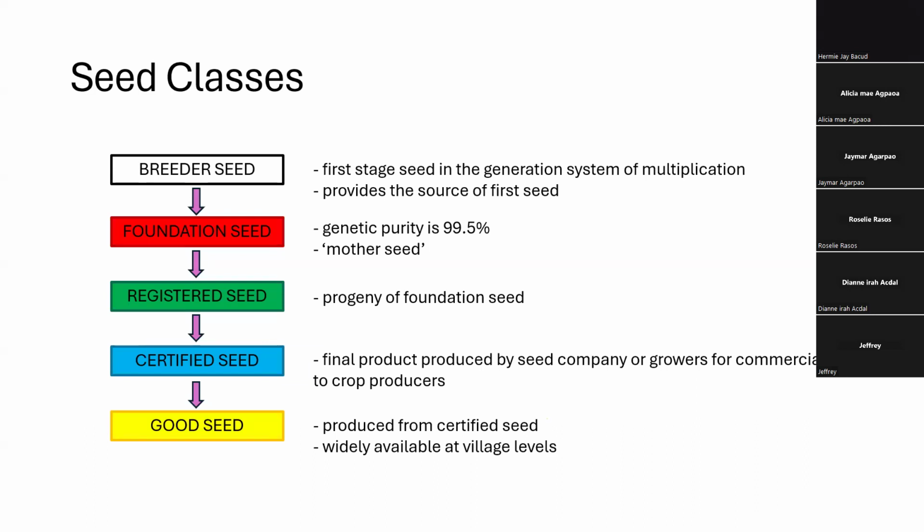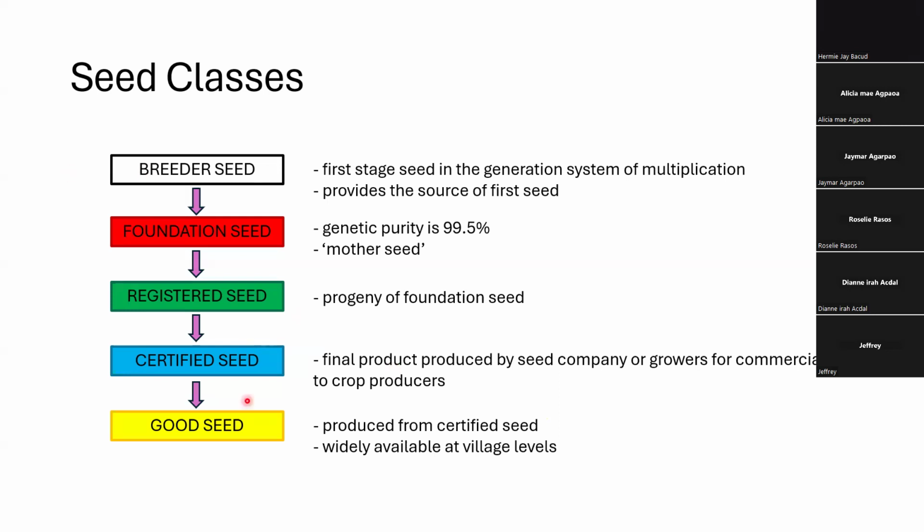Certified seed is the final product produced by seed company or growers for commercial sale to crop producers. Certified seed is the progeny of either registered seed or foundation seed. So certified galing siya sa registered or pwede rin siyang galing kay foundation. Si registered galing siya kay foundation. Si foundation galing kay breeder.